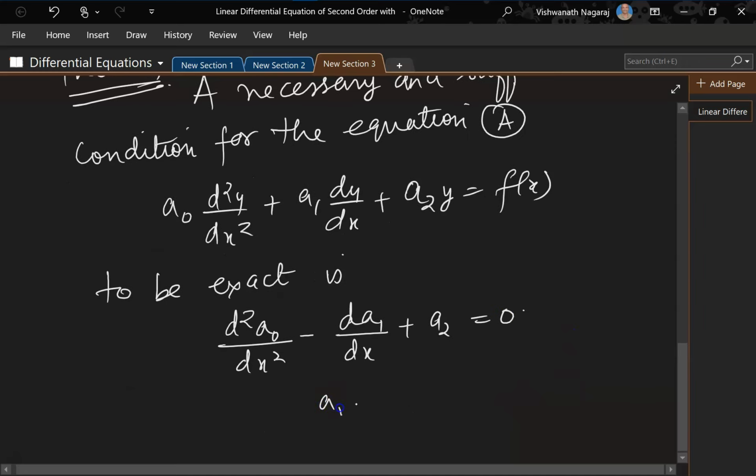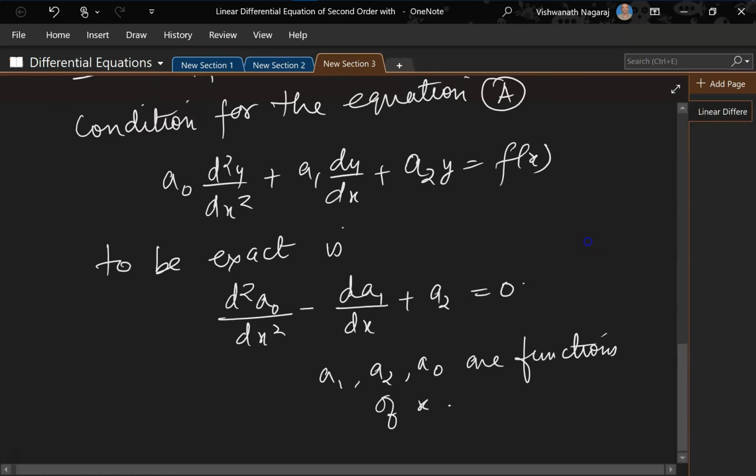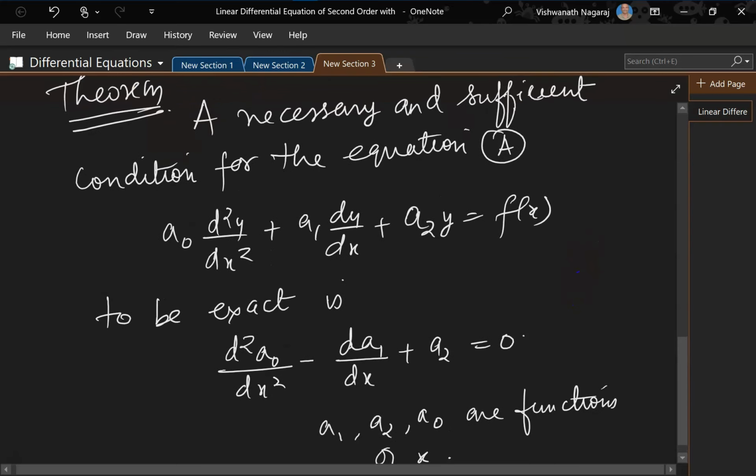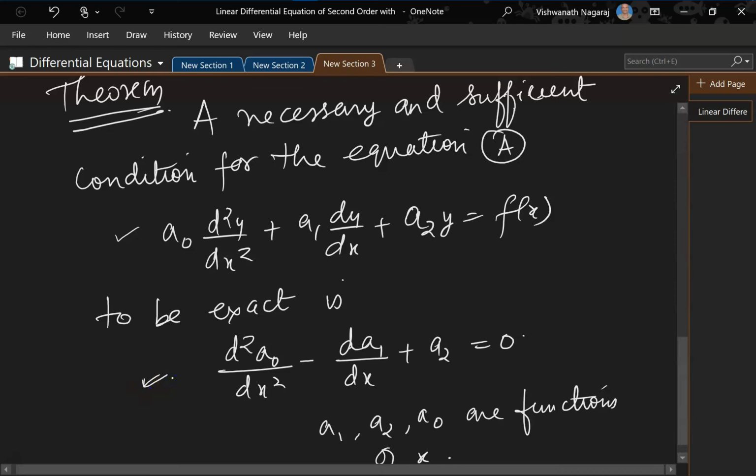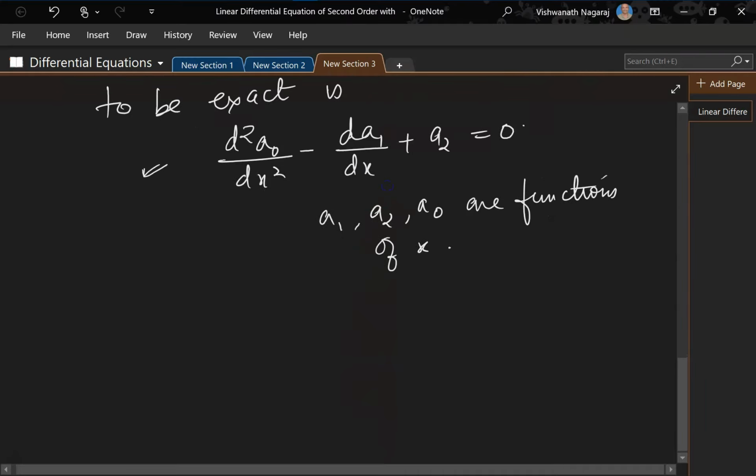It is understood that a0, a1 and a2 are functions of x. So if the equation is exact, then this condition is true. Or we can also say that for a given equation, if this is true, then the equation is exact.